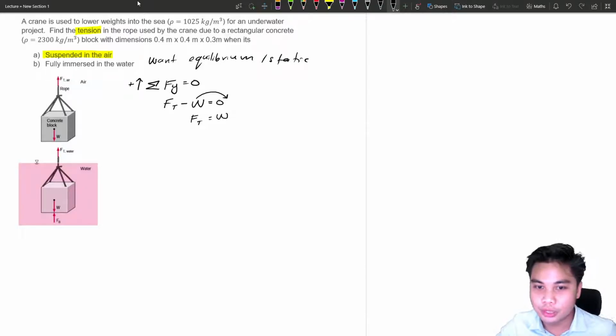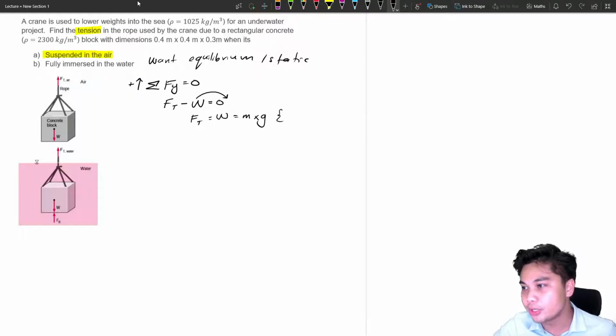How to get the weight of the block, which is mass multiplied with gravity, where we know that the density is equal to mass over volume. Then we can replace mass with rho V, so rho V multiplied with the gravity.